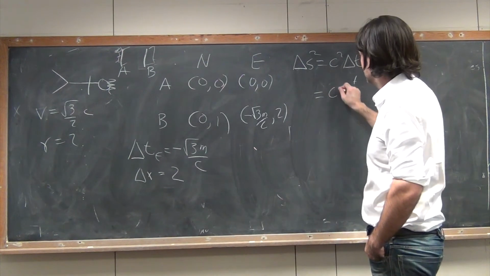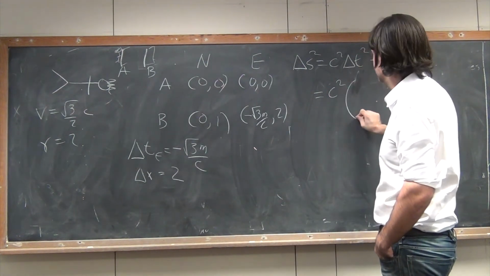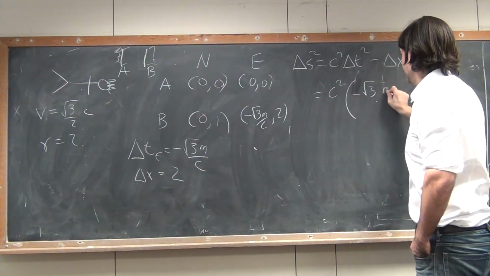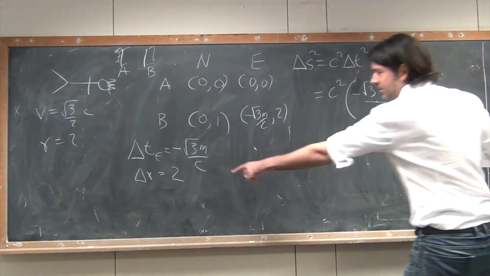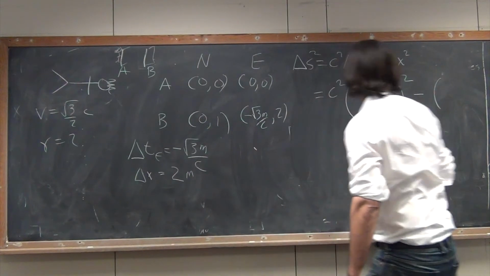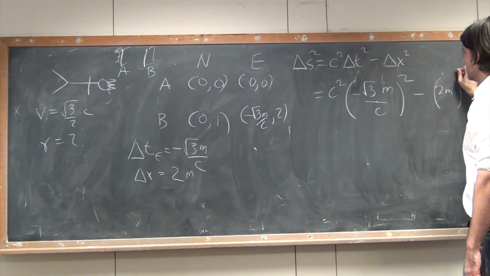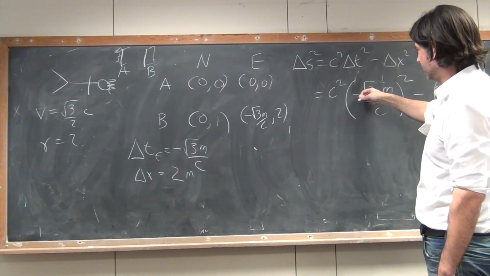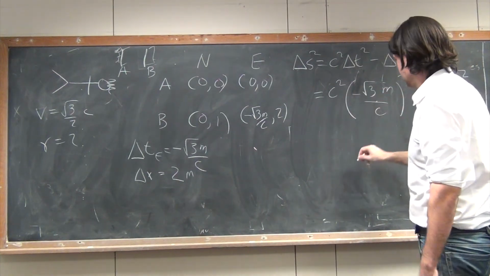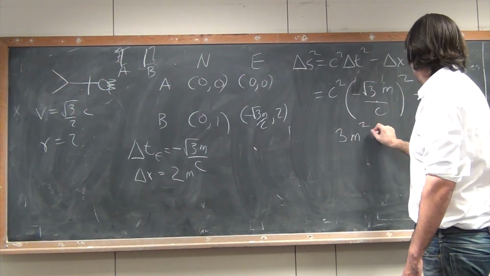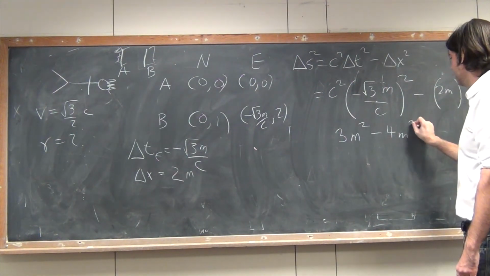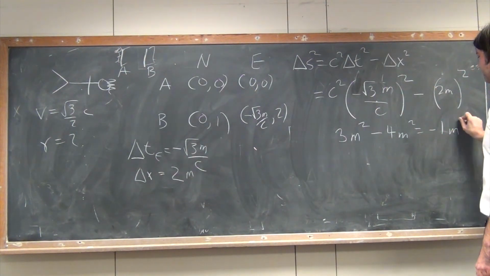I get c squared times minus square root of 3 m over c, squared, minus 2 meters squared. Square root of 3 squared is 3, c squared over c squared. So this whole thing is 3 meters squared minus 4 meters squared, which is equal to minus 1 meter squared.